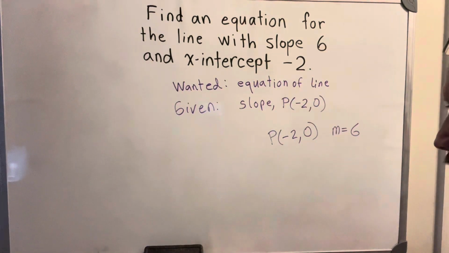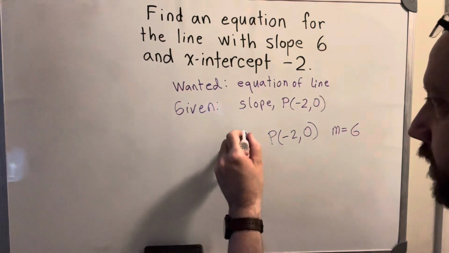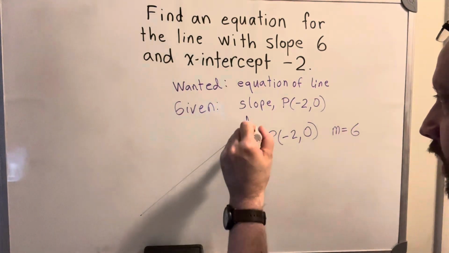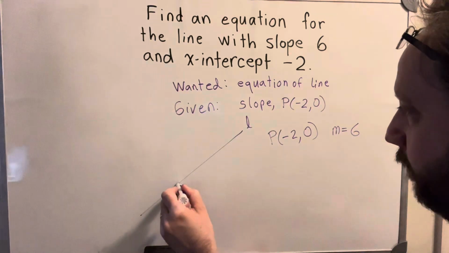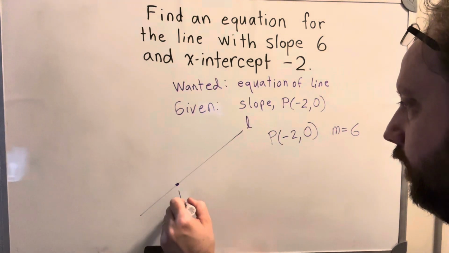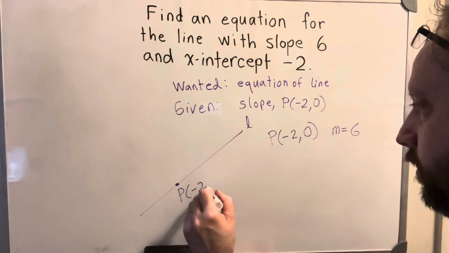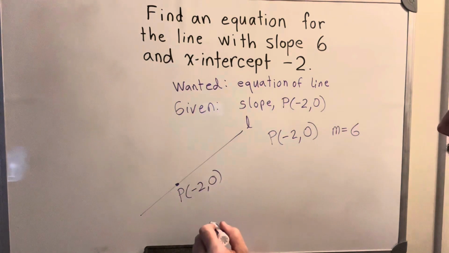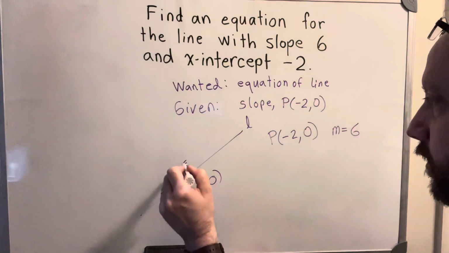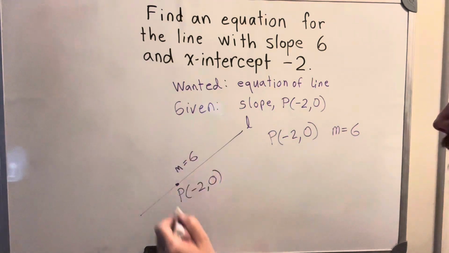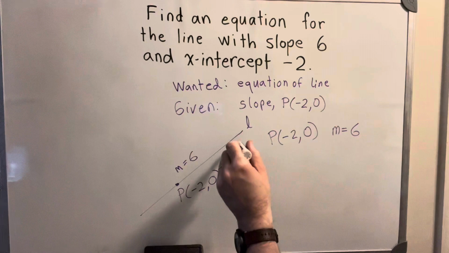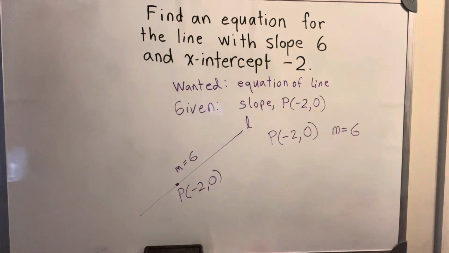And now what we'll see is that there is a form of equation just for lines for which you have a point that the line passes through and the slope that the line has. Let's say that this is the line we want. Call it lowercase l. And we know that this point is on it. And I'm just going to write the slope is 6. An equation of the line.